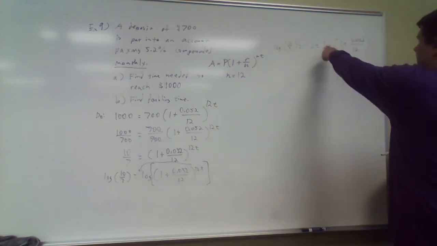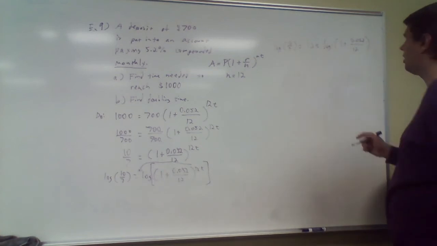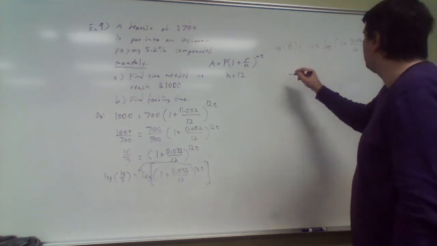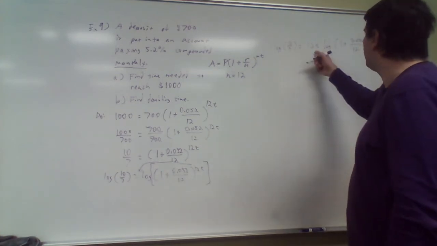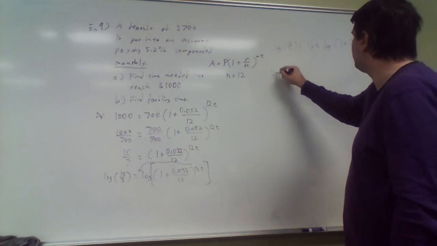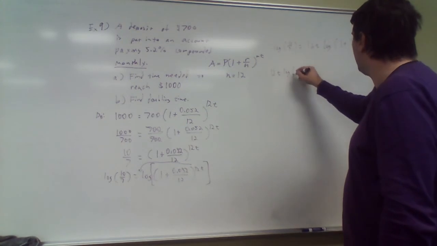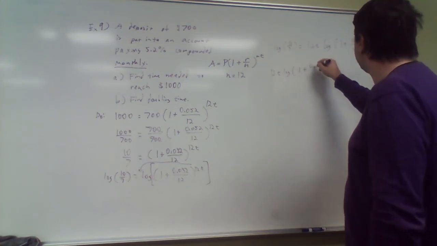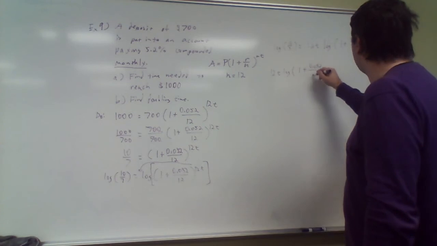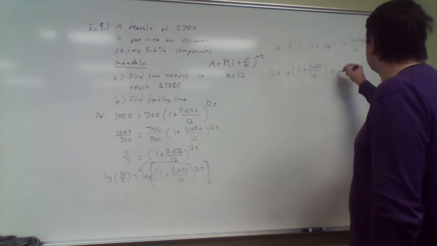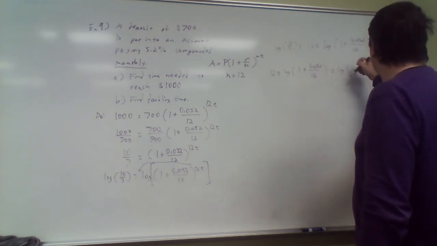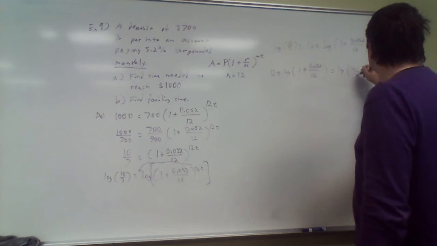You want to isolate the t. So you're going to do that by, well, I'm going to switch the sides here. So I'll do 12t log of 1 plus 0.052 over 12 equals log of 10/7.